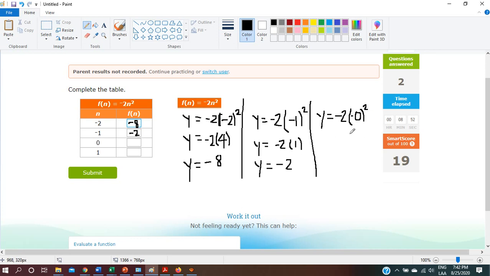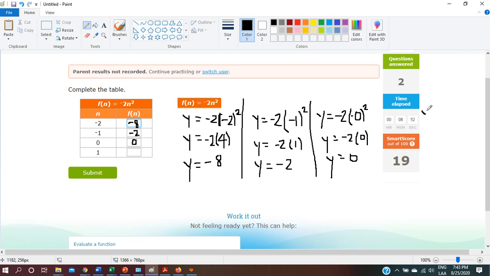So 0 squared equals 0, so y equals -2 times 0, so y equals 0. So here we're going to write 0.